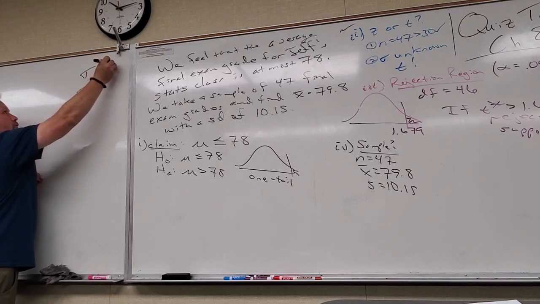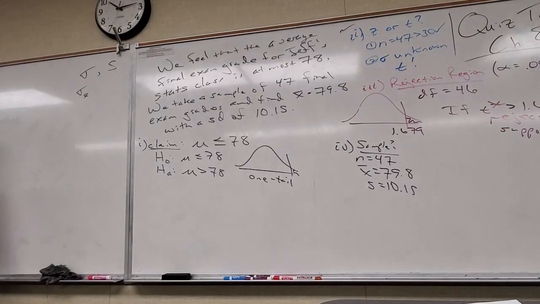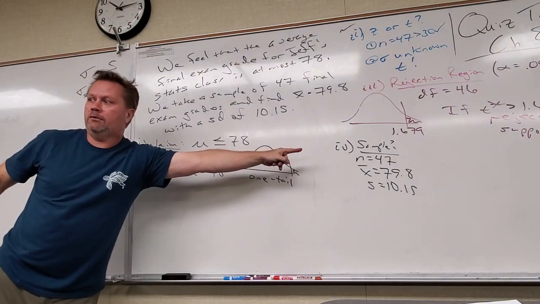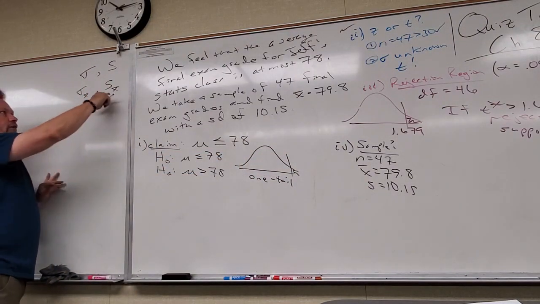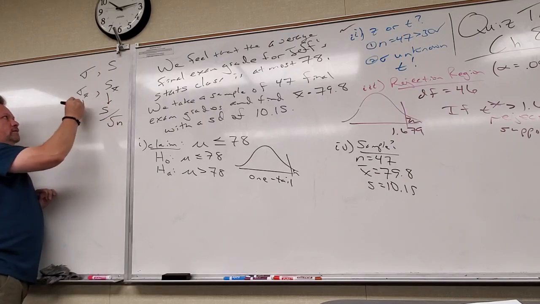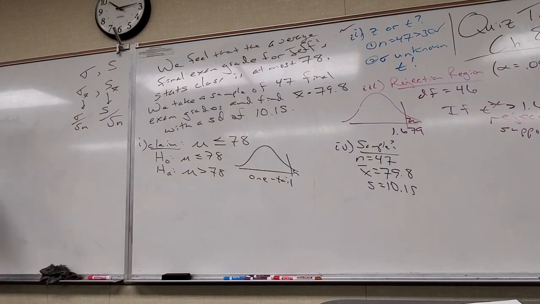This is where people get freaked out. I have S. We know S, yes? That's still for individuals. I need a spread that works for groups of 47. Aren't we working with a group of 47? I still need to figure out the new standard deviation.